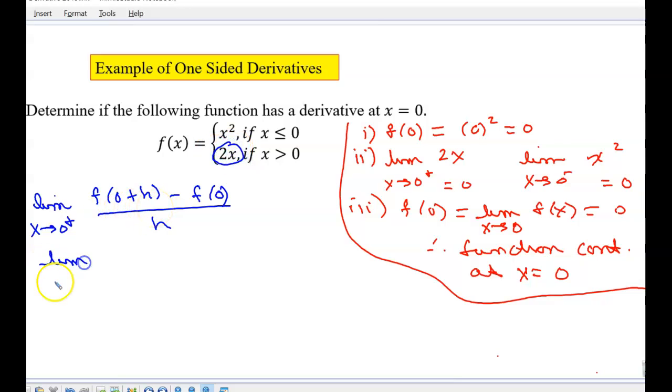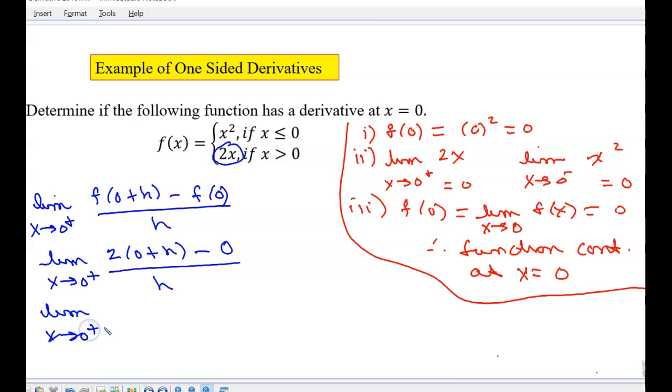This is going to be the limit as h approaches 0 from the right of 2 times 0 plus h. F of 0, I plug into here, and that's going to be 0, and this is all over h. If I simplify this, it's the limit of 2h over h, and the h's cancel, so that limit is going to be 2.